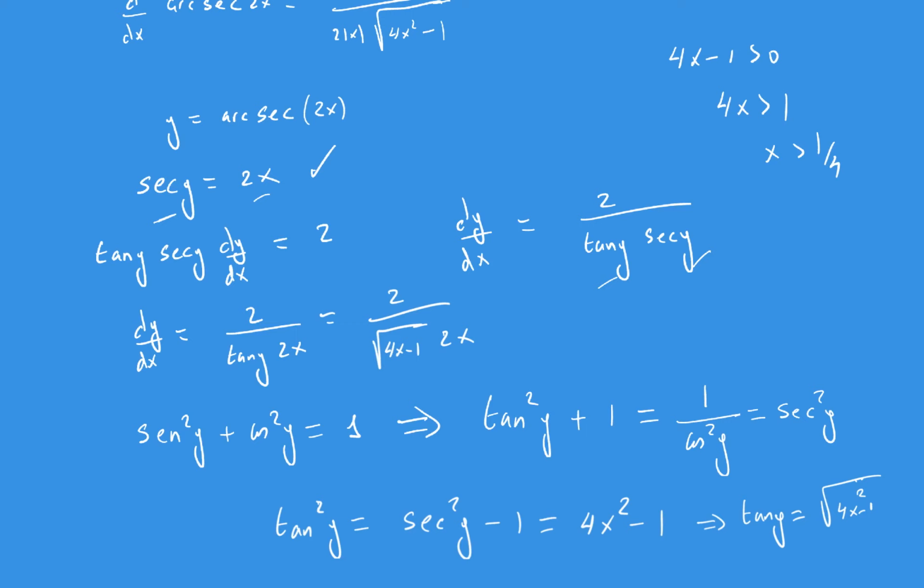So the 2 will cancel, and the expression will be 1 divided by x multiplied by the square root of 4x squared minus 1. I think that is the same thing as here. It's the same thing, I have to cancel the 2. So I didn't make a mistake.